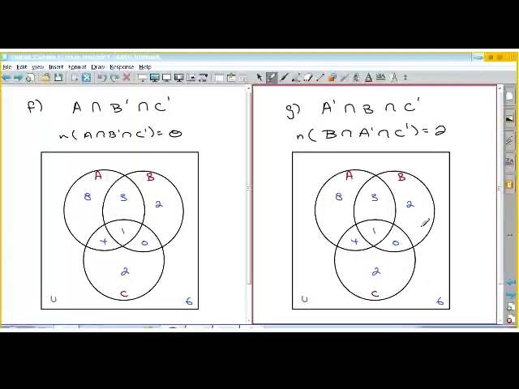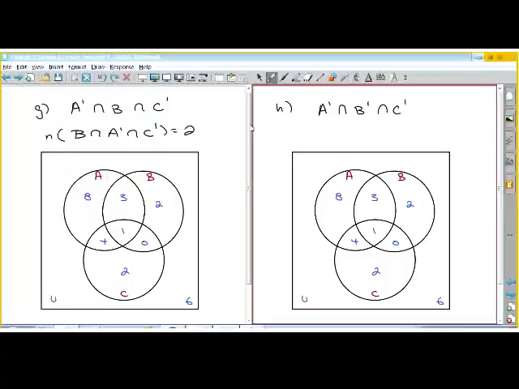The only one we don't have is this one. That's the number of elements that are in the universal set but are not in any of the 3 sets that we have defined. So the way you do that one is the last one. If you do the intersection of all the complements, if I take the cardinal number of A complement, B complement, C complement, that's going to be equal to 6.